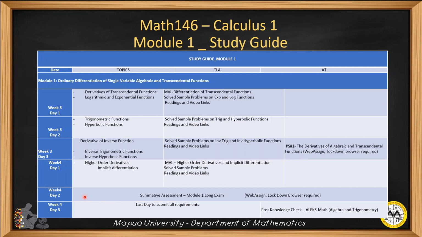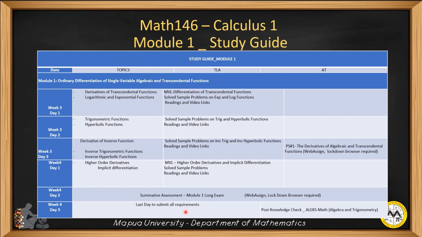Now, as to what we will be doing in week 4, we will have only one lecture meeting, on day 1, and this will be on higher order derivatives and implicit differentiation, because on the second meeting of week 4, we will have the summative assessment for the module, the Module 1 long exam.